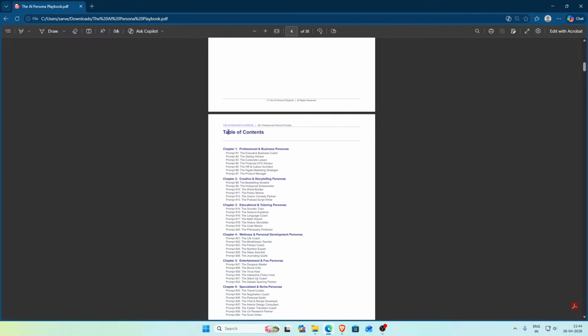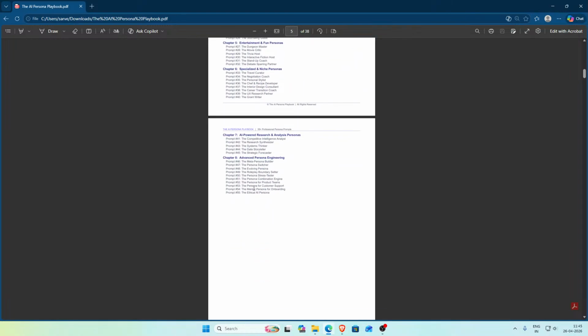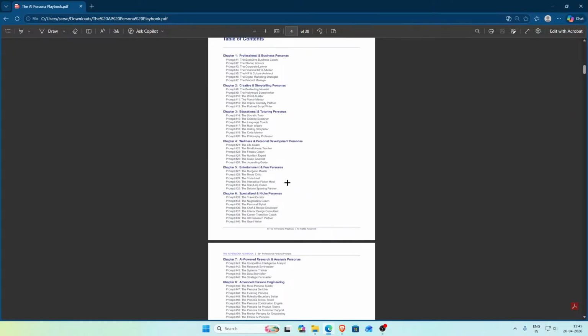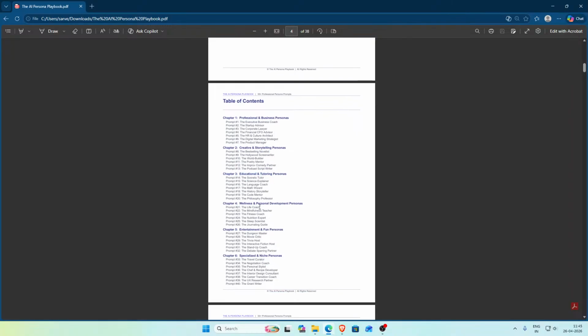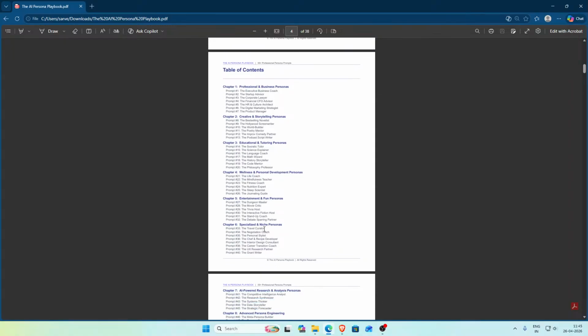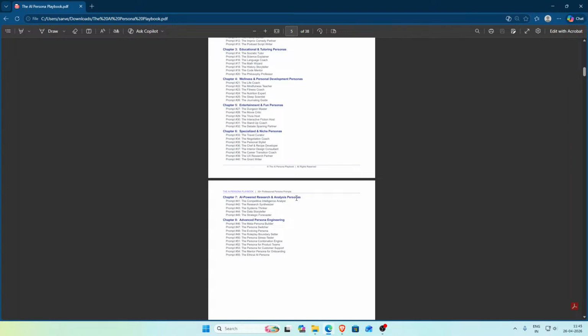As you can see in the table of contents, there are more than 55 AI persona prompts in 8 different categories. If you want persona prompts for professional business, you can see it over here. Then there are creative and storytelling personas, then educational and tutoring personas, then wellness and entertainment, then specialized and niche personas, then AI powered research and analysis personas, and advanced persona engineering.